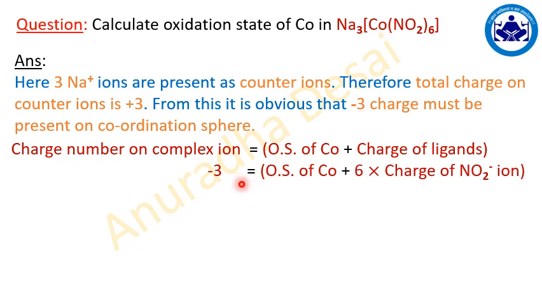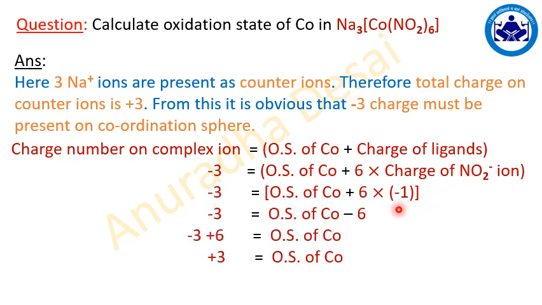So I'm going to write -3 is equal to oxidation state of Co plus 6 multiplied by charge of NO2 minus ions. Why? Because 6 ligands are present which are NO2 minus ions. So -3 is equal to oxidation state of Co plus 6 multiplied by -1, because charge present on NO2 minus ion will be -1. Now solve this equation. You will get the value that oxidation state of Co is equal to +3.